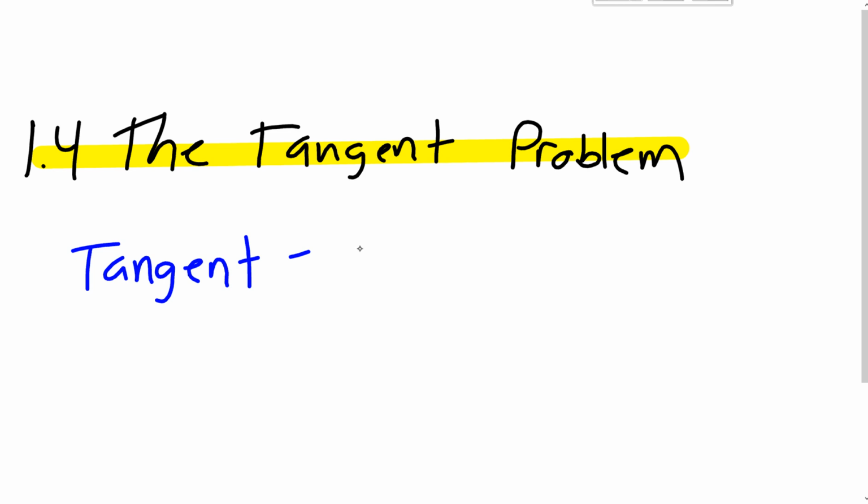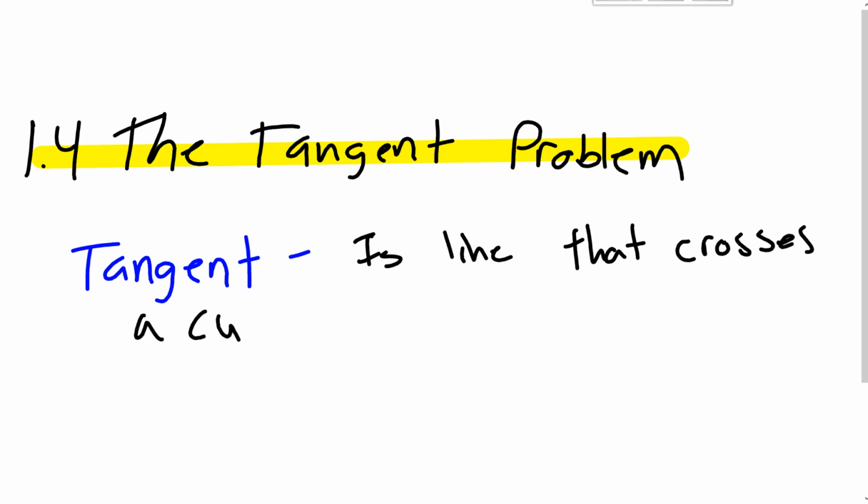A tangent is a line that crosses a curve once, and goes in the direction of the curve.